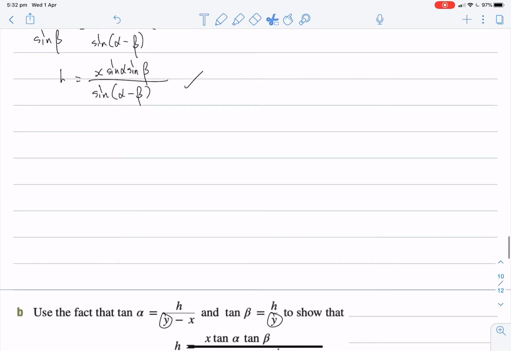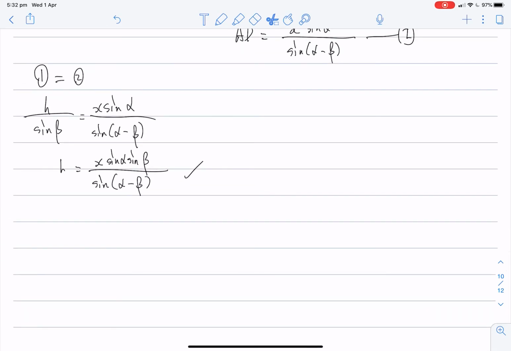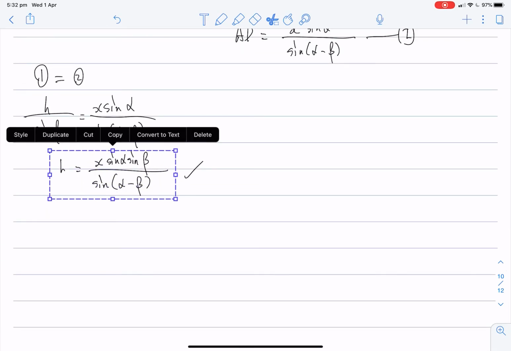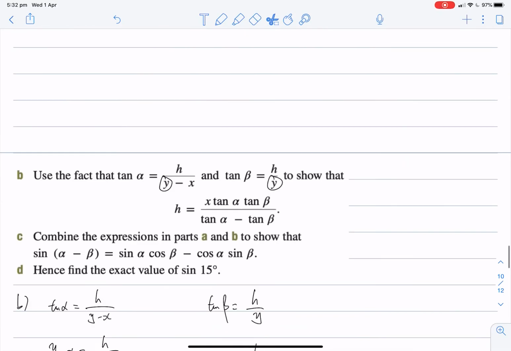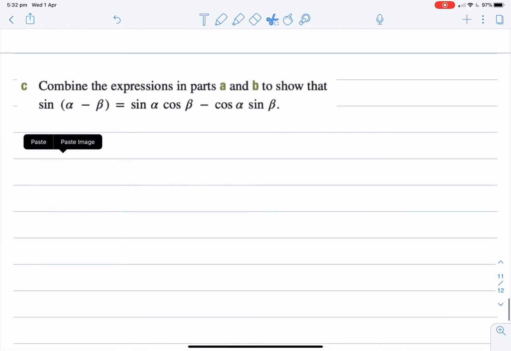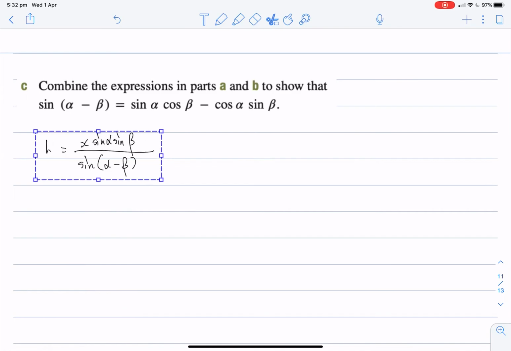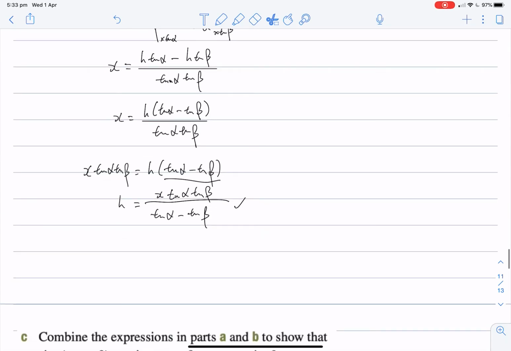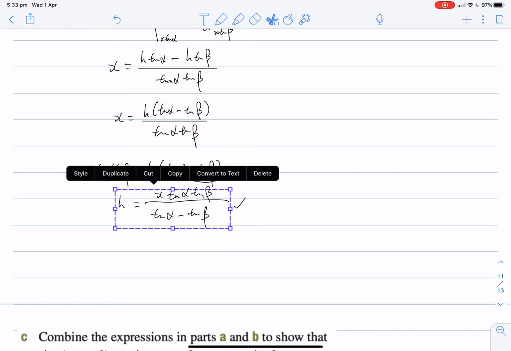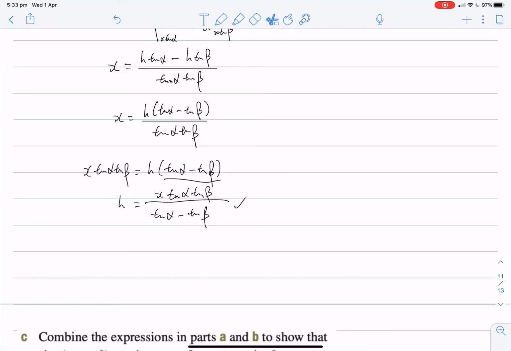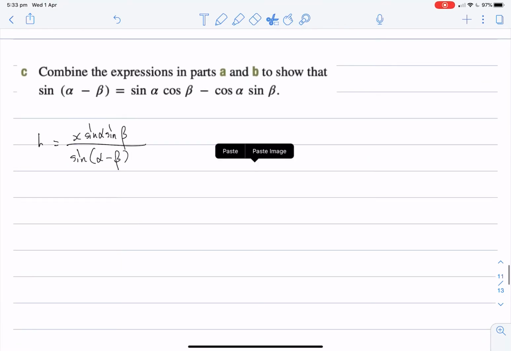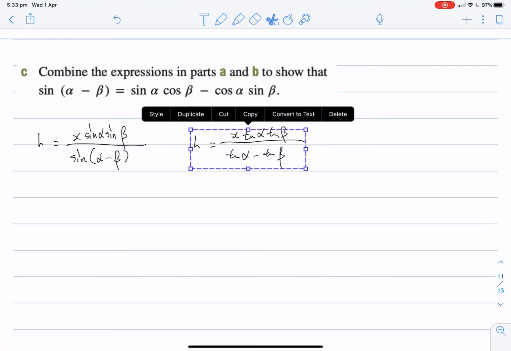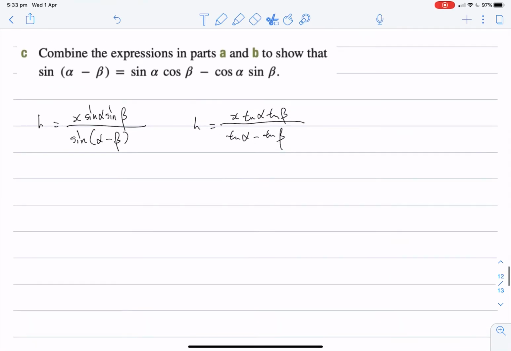One is this one. I'm going to copy this one. We proved that from the first part. And then the second equation is here, which we should prove. Copy, put it here. Well, they both have h in common, so we basically just substitute in.